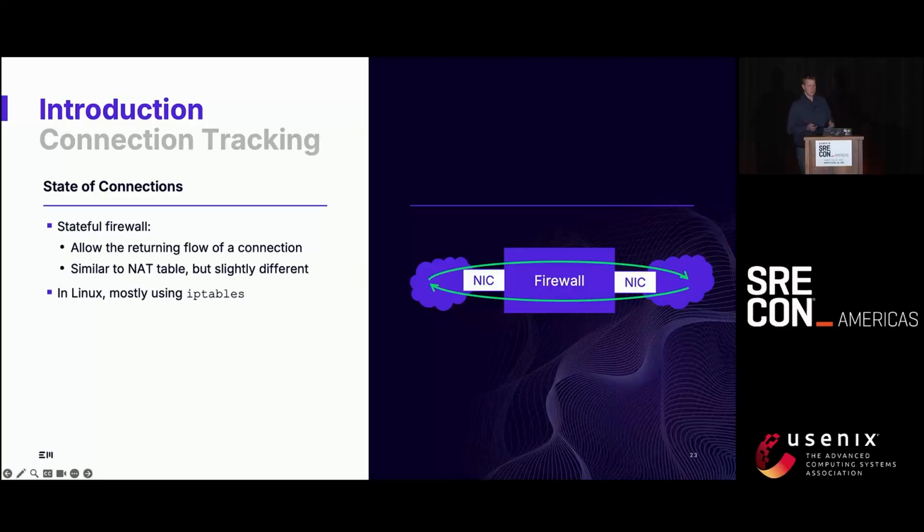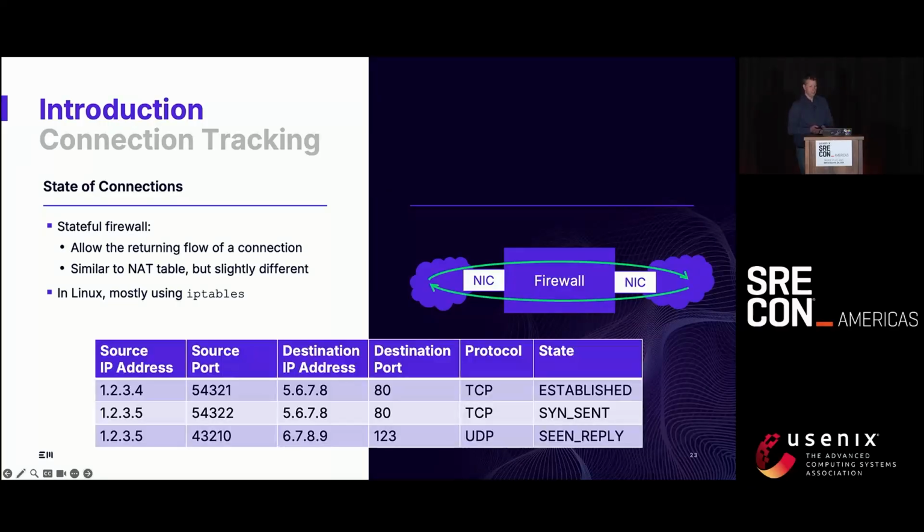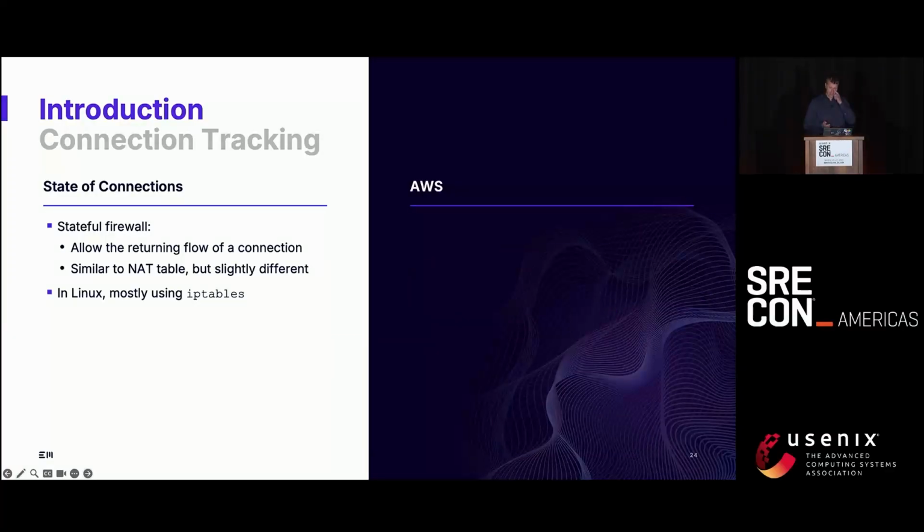And for this, the firewall needs to maintain some table tracking the state of all the connections, including their TCP state. In Linux, you mostly interact with iptables, although probably one of my first experiences with Linux, I think I failed, never worked this firewall, but that's how many are maybe used to this connection tracking.